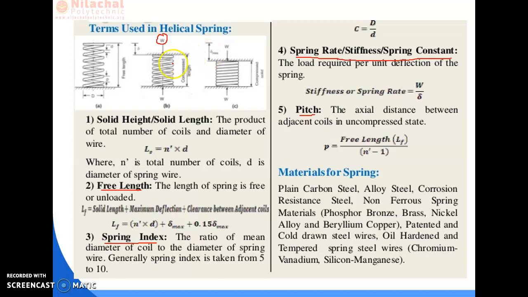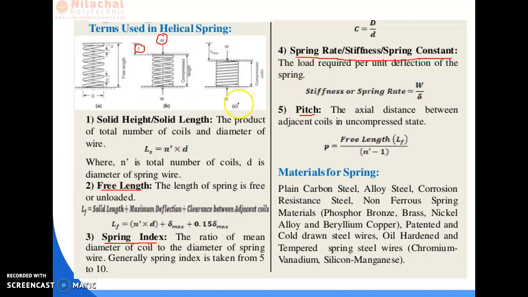While the load is applied upon it, a deflection takes place. In the earlier stage the length is more, but in the second figure the length is decreased, and that is known as delta. This delta is the deformation of the spring due to application of the compressive load.